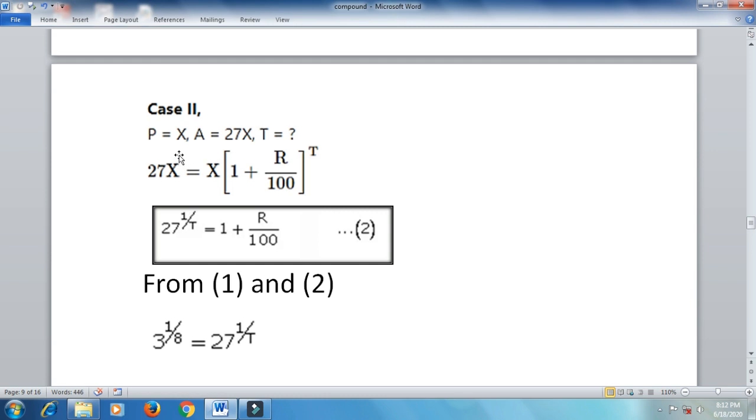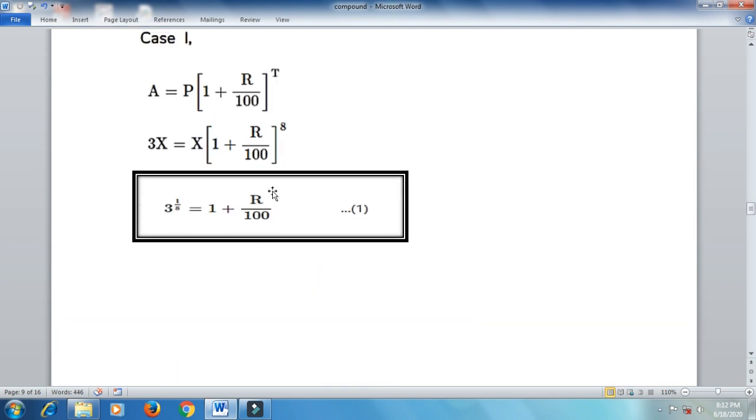In this case also, x and x get cancelled. The power t is shifted from the right hand side to the left hand side. It results as 27 to the power 1 by t is equal to 1 plus r by 100.